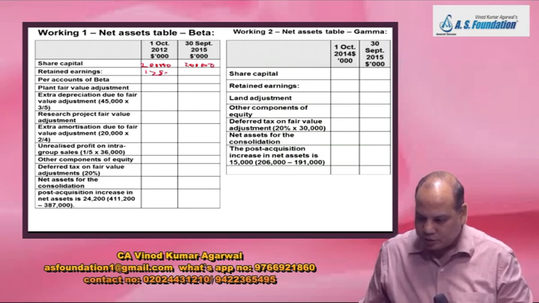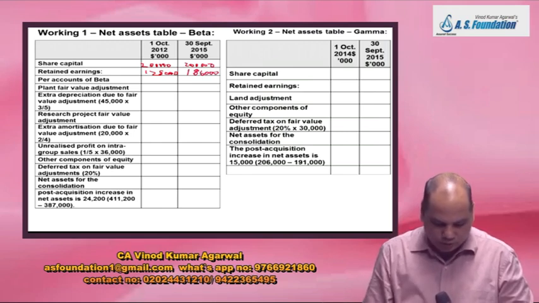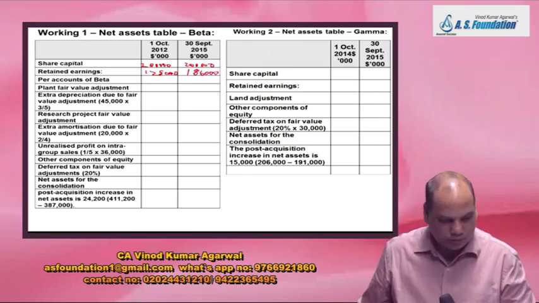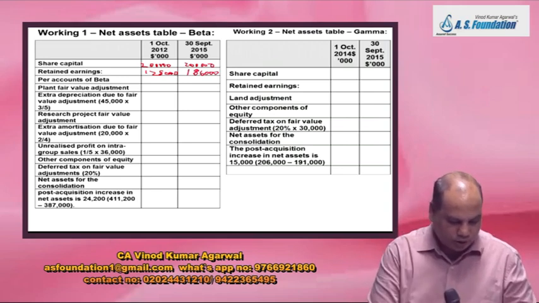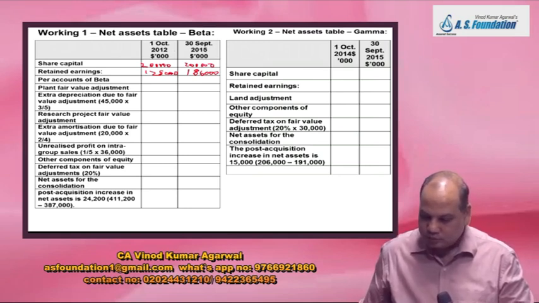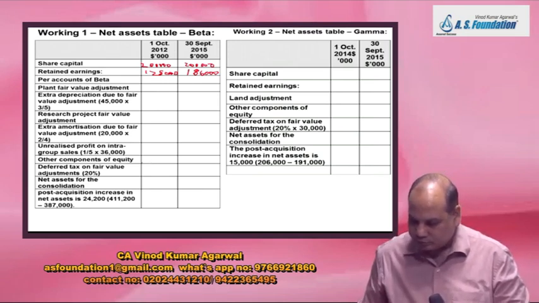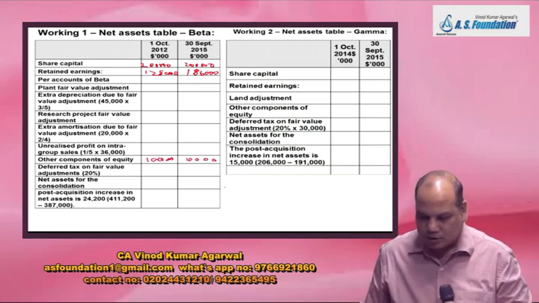And what is appearing in the balance sheet? 1,86,000. And what about other component of equity? It was 10,000 earlier, and now also 10,000. So whatever change that will happen will only be adjusted in retained earning.